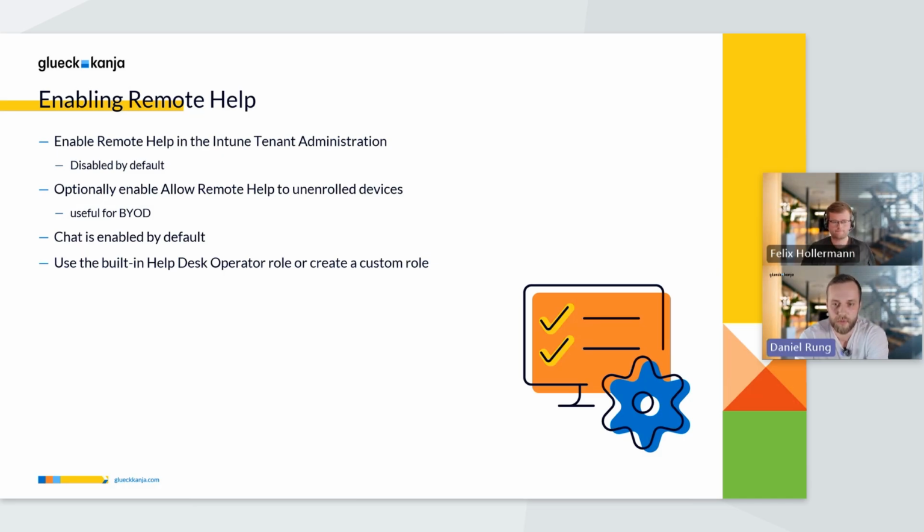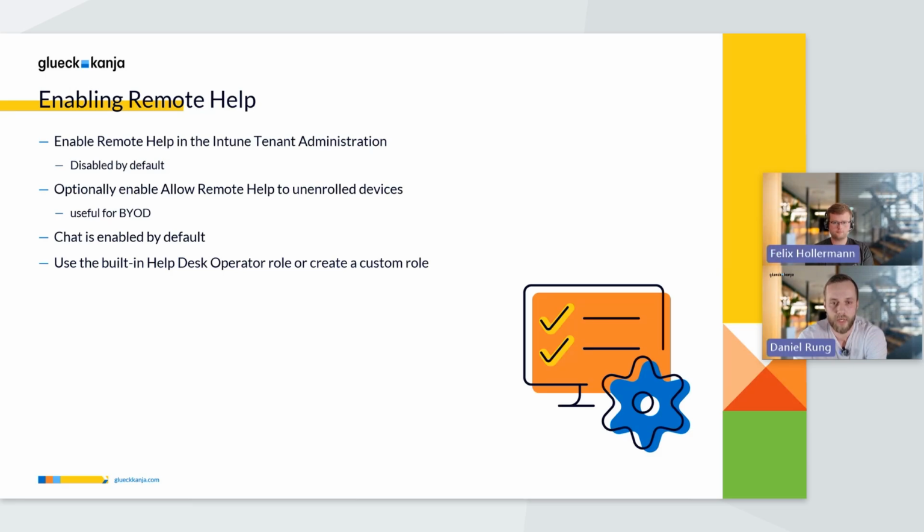Before you can start with setting up remote help in your Intune tenant, you need a minimum of one license in your tenant, and after that you can go into Intune tenant administration, and basically I will show you in the demo. You just enable remote help. You have two more options.